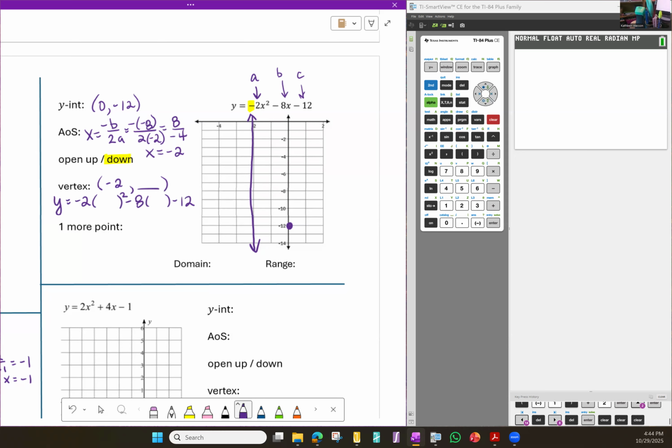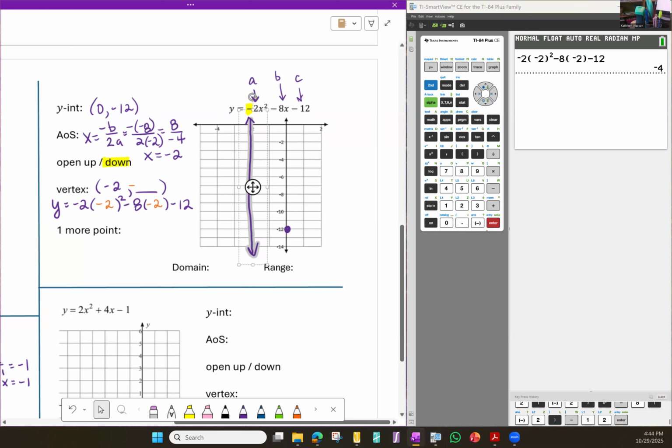Then I can substitute -2 where the x's are. Here's my calculator. -2 times -2 squared, -8 times -2, -12. This is -4. So at (-2, -4), I have a vertex.